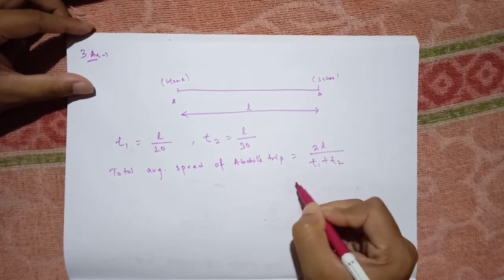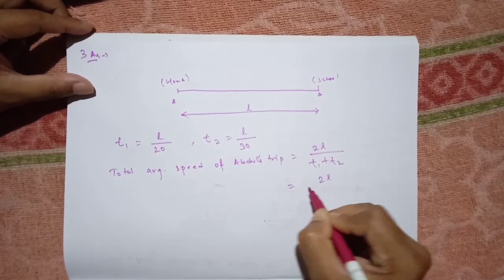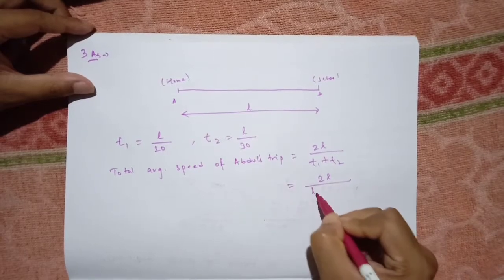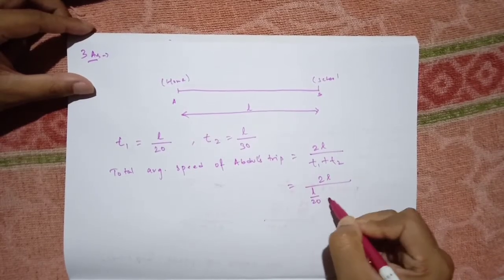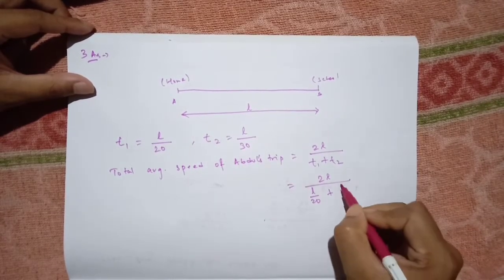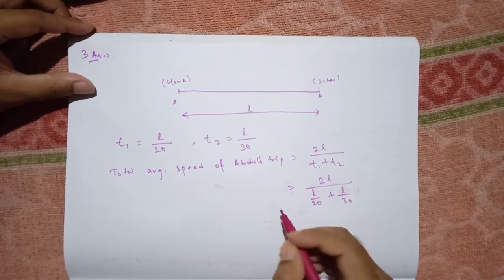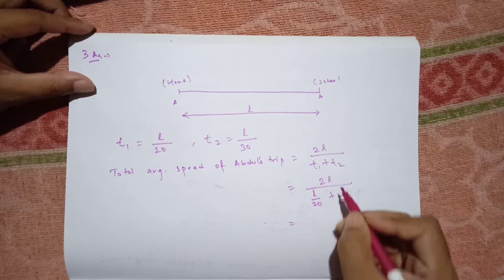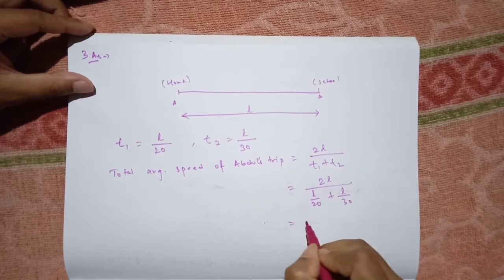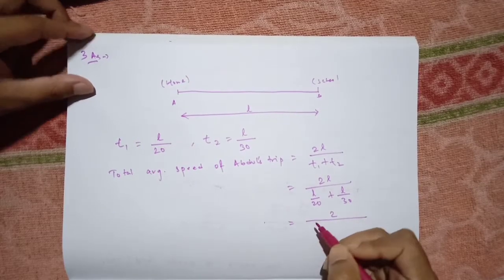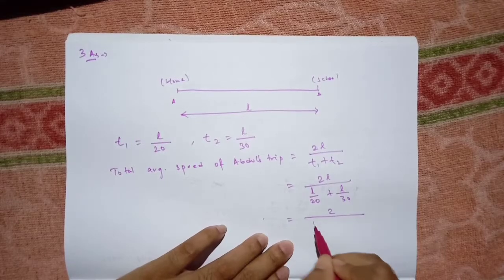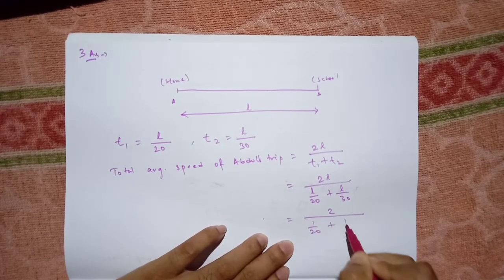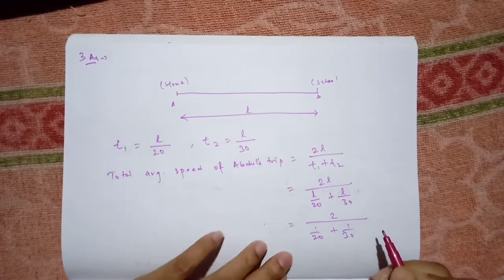Okay, now this will be 2L and T1 is equal to L by 20 plus T2 is equal to L by 30. Now let us take this L as 1, this will become 2, and this will become 1 by 20 plus 1 by 30.